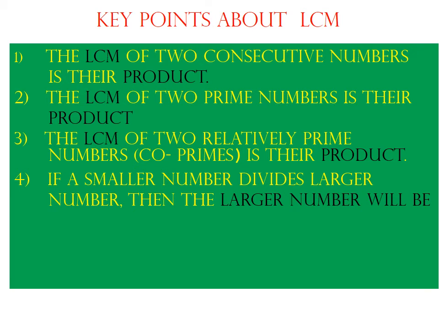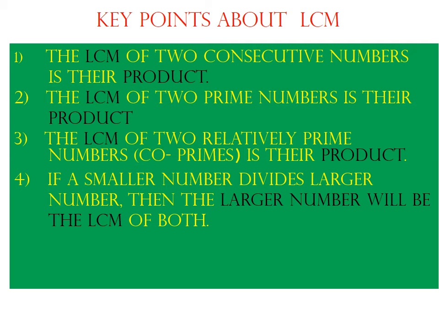The fourth point is if a smaller number divides a larger number, then the larger number will be the LCM of the both. Suppose we want to find the LCM of 4 and 8, but 4 divides 8. 4 is the smaller number and 8 is the larger number. 4 divides 8.